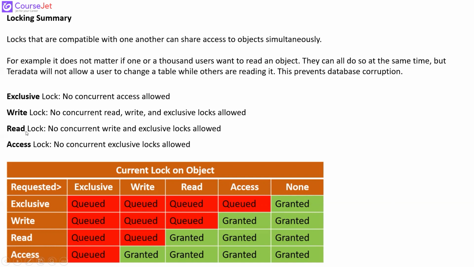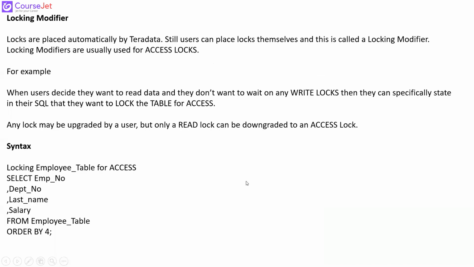Coming to the read lock, no concurrent write or exclusive locks are allowed. So again, here you can have the access lock. And when you have the access lock, no exclusive locks are allowed, which means you can have either a write or read lock simultaneously.